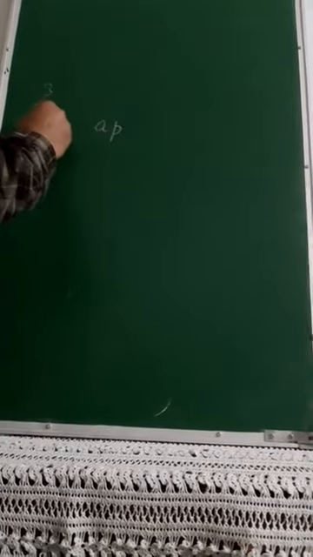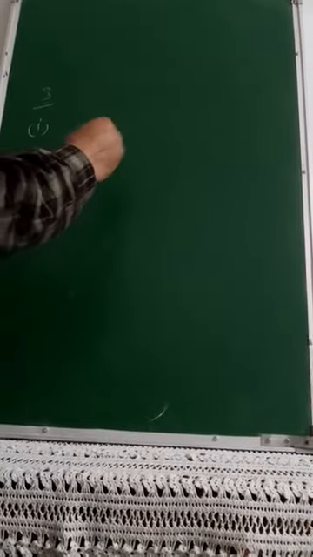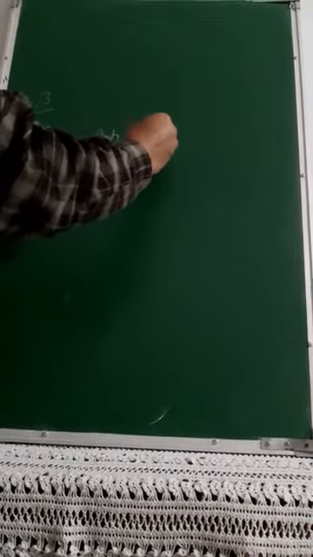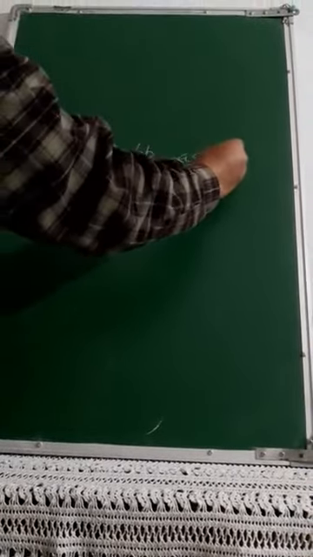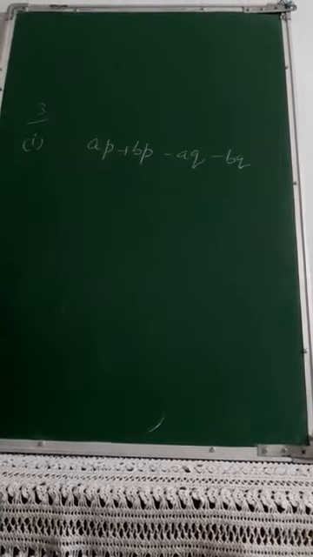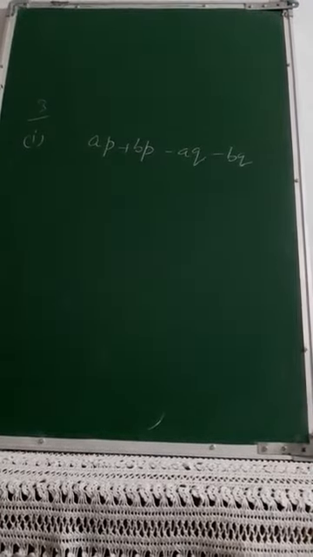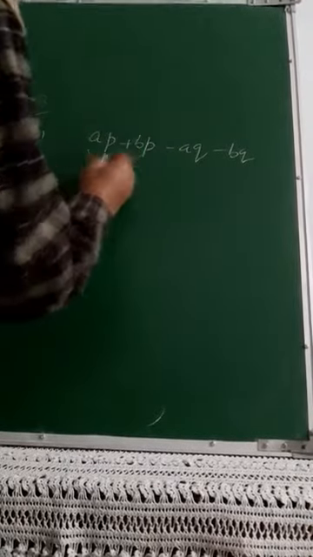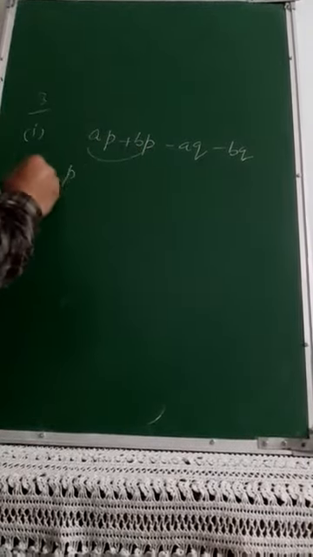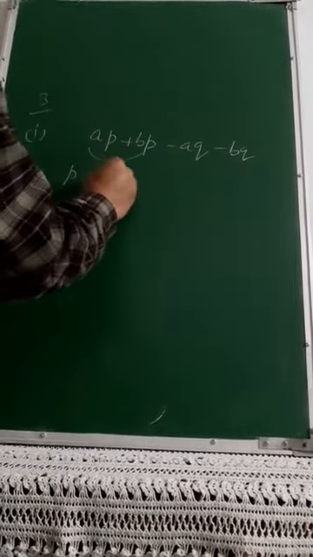Like first part I am taking AP plus BP minus AQ minus BQ. Here grouping is working out. Why? Because in the first 2 terms you can see I am getting P common. So if I take P common, A plus B will be left over.